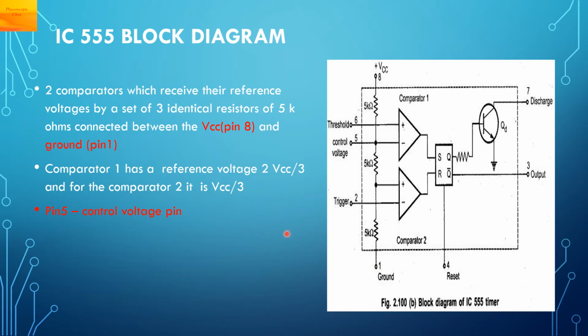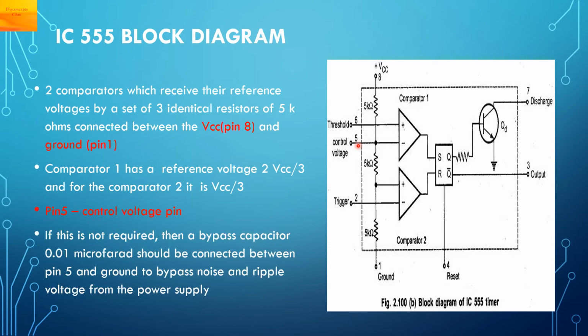So both the comparators have different reference voltages. Pin number 5 here is the control voltage pin. If the control pin is not required, then a bypass capacitor of 0.01 microfarad should be connected between pin number 5 and the ground to bypass noise and ripple voltage from the power supply.